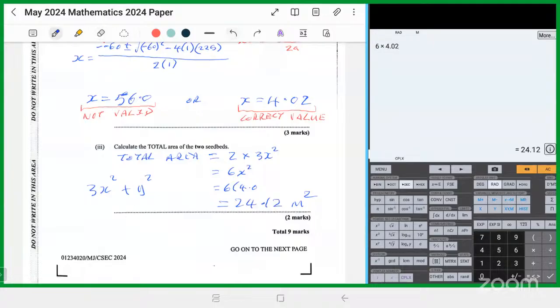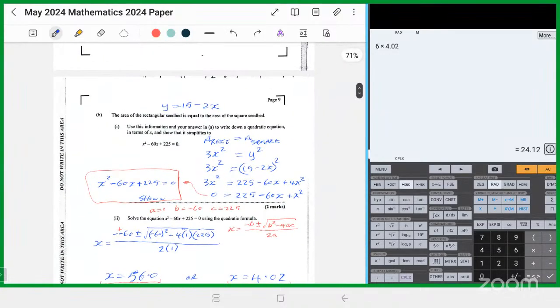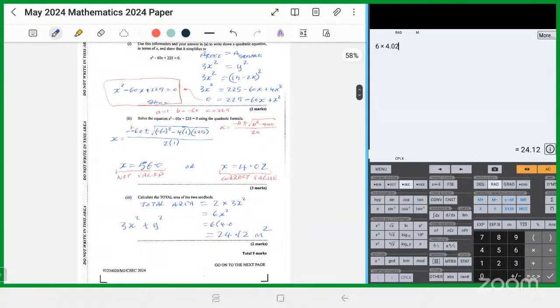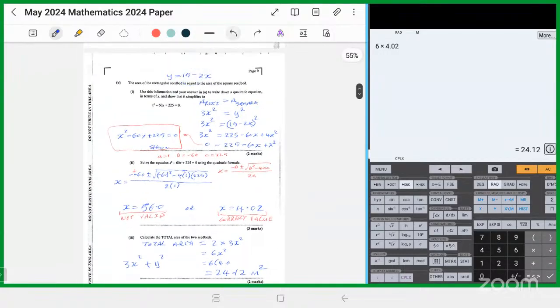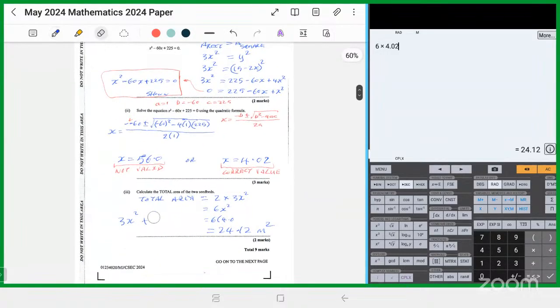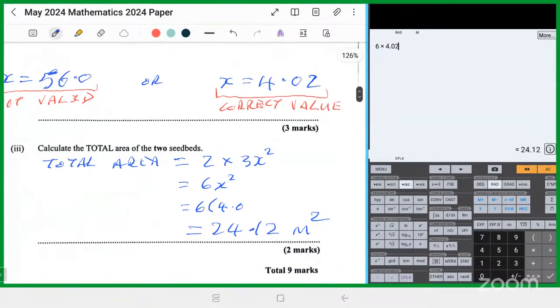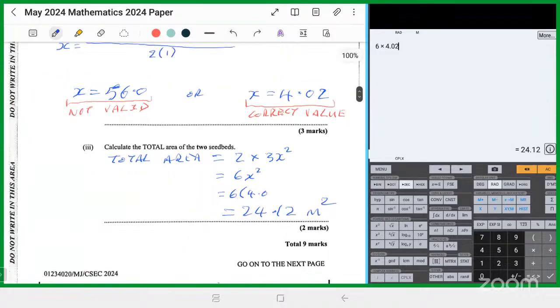We would have to work out what y is from that, or maybe put this formula for y down here, which is more work. So we're doing it the easier way, guys, by just doing 2 times the area of the rectangular bed, which is in terms of x. This is the area of the rectangular bed, and the 2 areas are the same. Alright, that finishes that question.